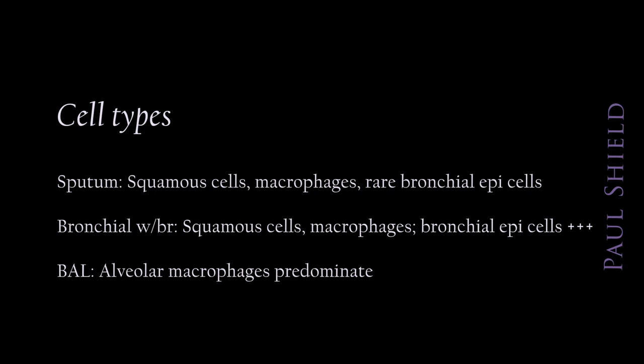In washings, you once again are getting upper respiratory contamination, so they can look quite like sputum, but they generally have a larger component of bronchial epithelial cells. In BALs, we've got a deep sample, and these should be predominantly made up of alveolar macrophages. You will occasionally get some contamination with bronchial epithelial cells and with squamous cells, but they should be ideally a pure sample of the alveolar macrophages.